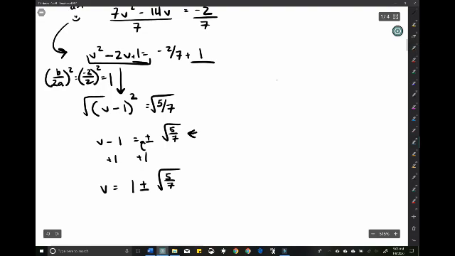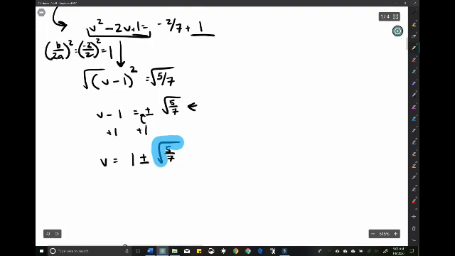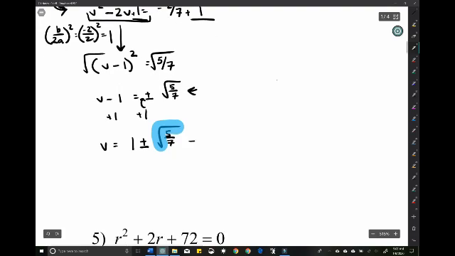Now the thing about this is we don't like the fact that we have a fraction in a radical. So think of it as 1 plus or minus square root of 5 over square root of 7.